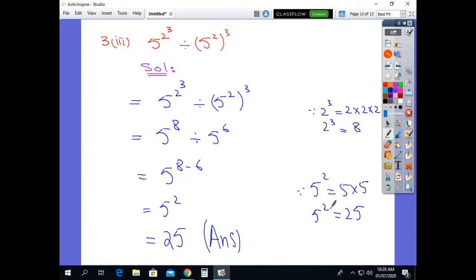Okay. Here we see that we have 2 raised to power 3, and on the rough work we write 2 raised to power 3 as 2 multiplied by 2 multiplied by 2. If we multiply 2 three times, it becomes 8. Therefore, instead of 2 raised to power 3, we write here 8. Similarly, in the next step, 2 is multiplied with 3. 2 multiplied by 3 becomes 6.